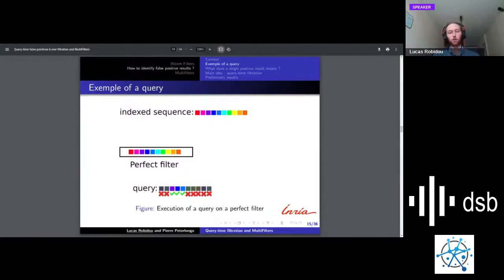And so you can compute the similarity between your query and your index sequence. But in the real world, to gain some memory, we use Bloom filters. And as you can already know, Bloom filters have false positives. So if I use a Bloom filter, then I have a false positive, a k-mer that is not present but is still found inside. And that's a problem. We would want to get rid of those.